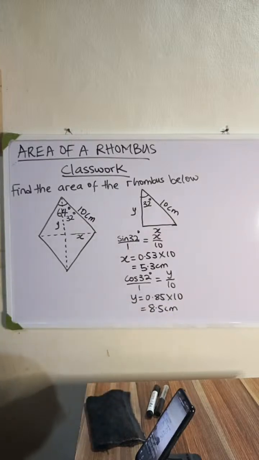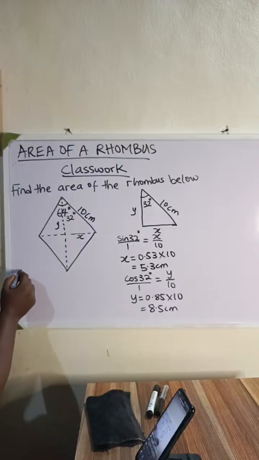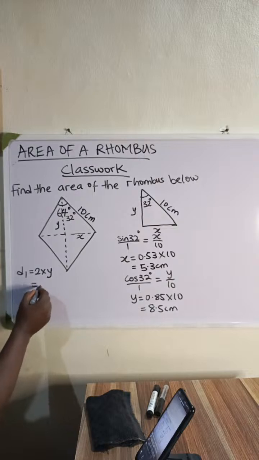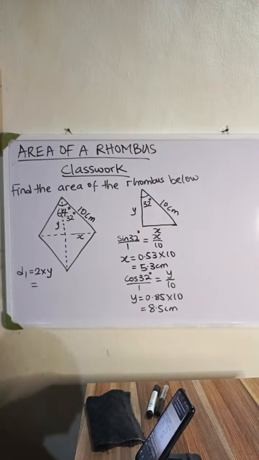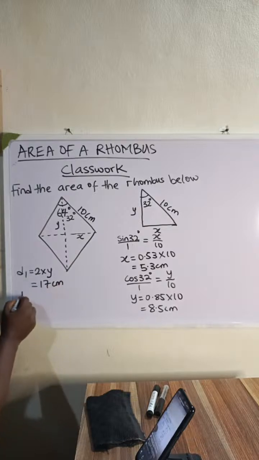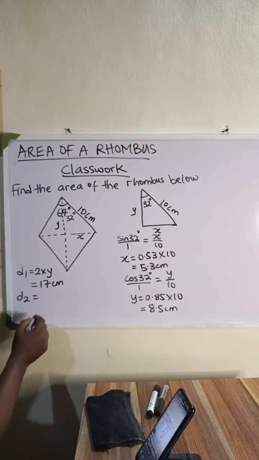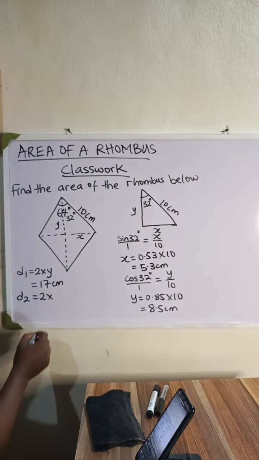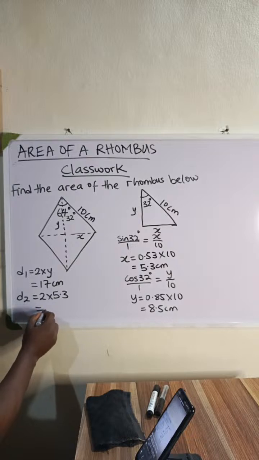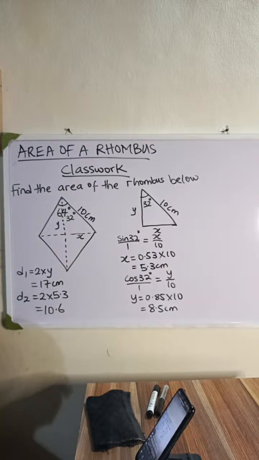Okay, so that means our d1 is equal to 2 times y, which is 8.5 times 2, giving us 17 centimeters. Our d2 is equal to 2 times 5.3, which gives us 10.6. I'm just trying to round up quickly.